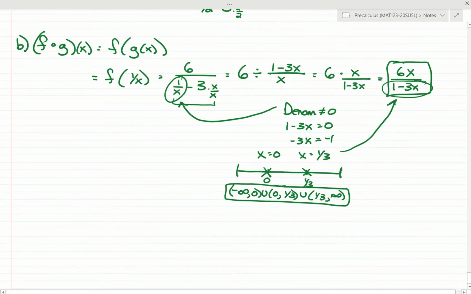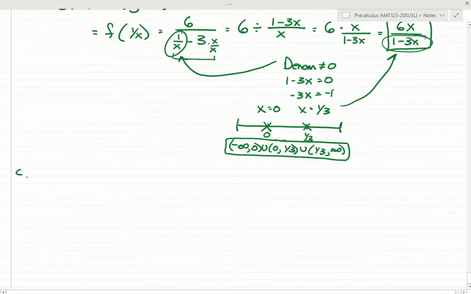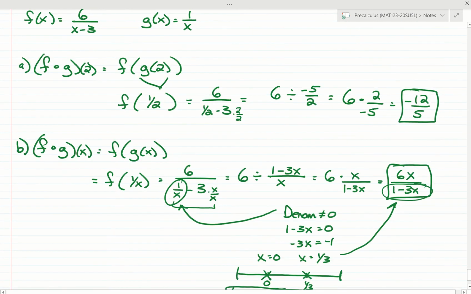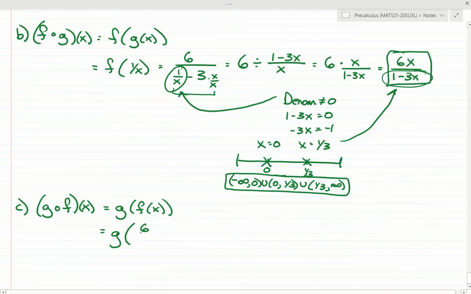We'll do one more of these. What if we had g of f of x? Okay, well, f of x, we'll figure out the inside first. Just kind of scrolling back up here. F of x was 6 over x minus 3.